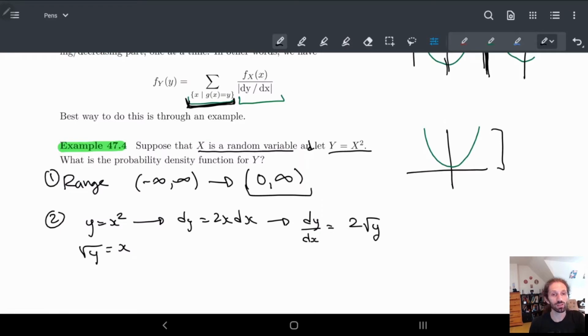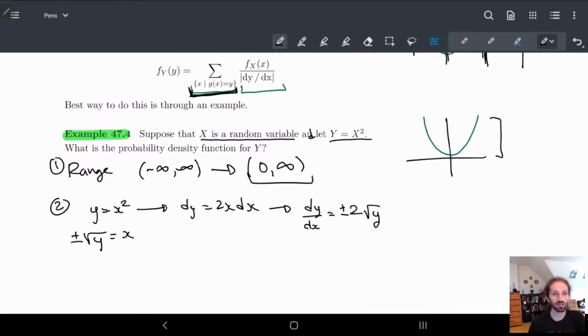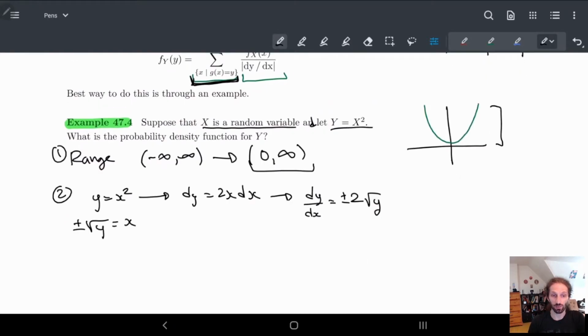But notice how my x can be plus or minus, because x can either be a positive number or a negative number. So I have two options for my dy. And this is where I'm saying we have two different ways of looking at this.